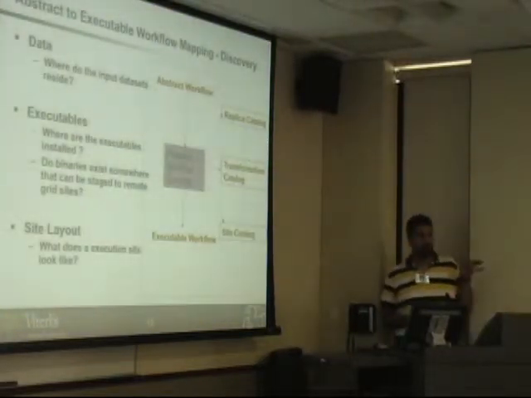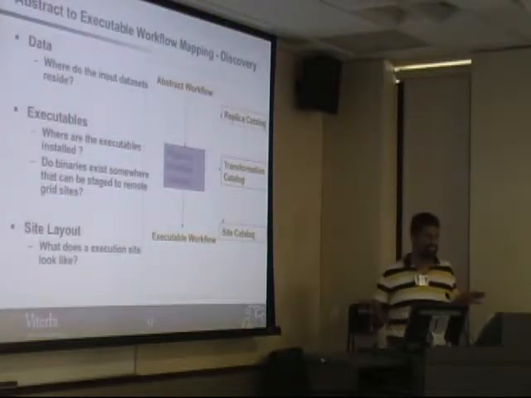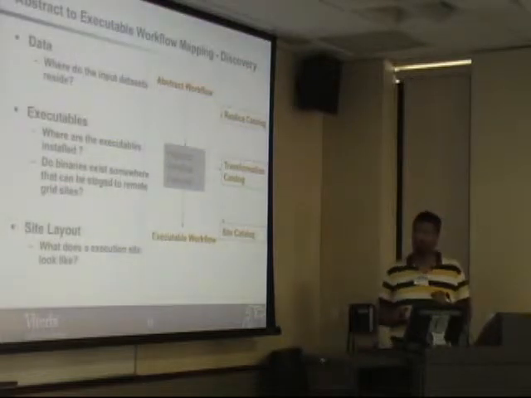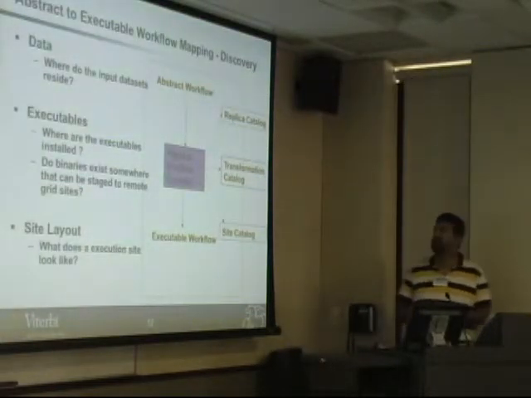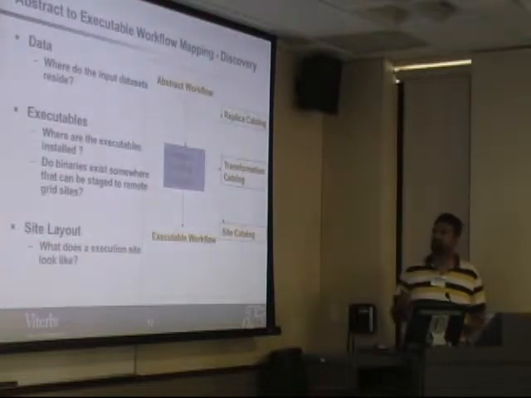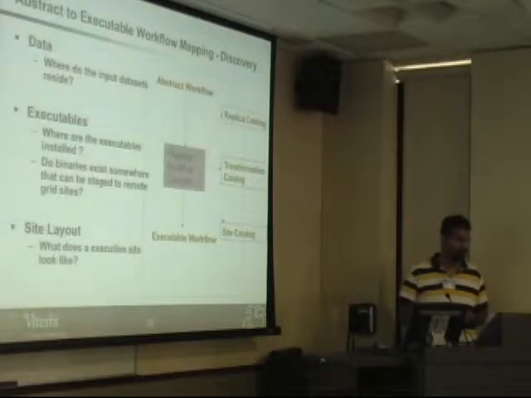So when you've described your workflow in some syntax to Pegasus, now Pegasus needs to figure out how to run it. So it needs to look up and discover the data, the executables, and your target resource environment.